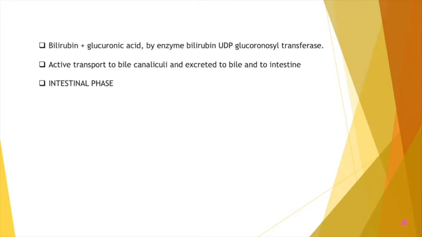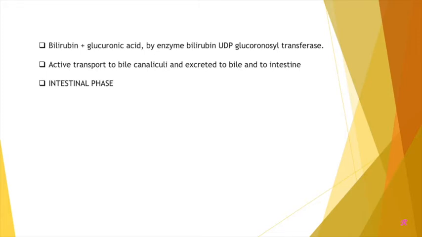So the conjugated bilirubin has reached the intestine. So what is next? The conjugated bilirubin is present in the bile. It cannot be absorbed as such. So here who will come into action?